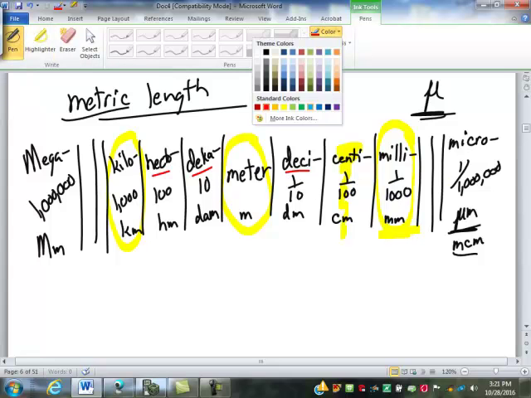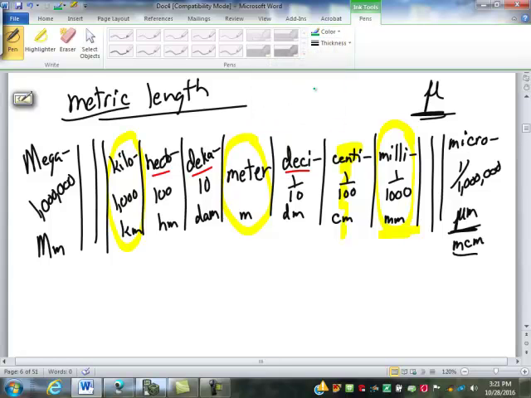To make conversions in the metric system, let's say I have 7.2 centimeters, and I want to convert it into millimeters. Each position here, if I move one spot to the right or left on the chart, I'm just multiplying or dividing by 10. When I multiply or divide by 10, what does it do to the decimal point of the number?